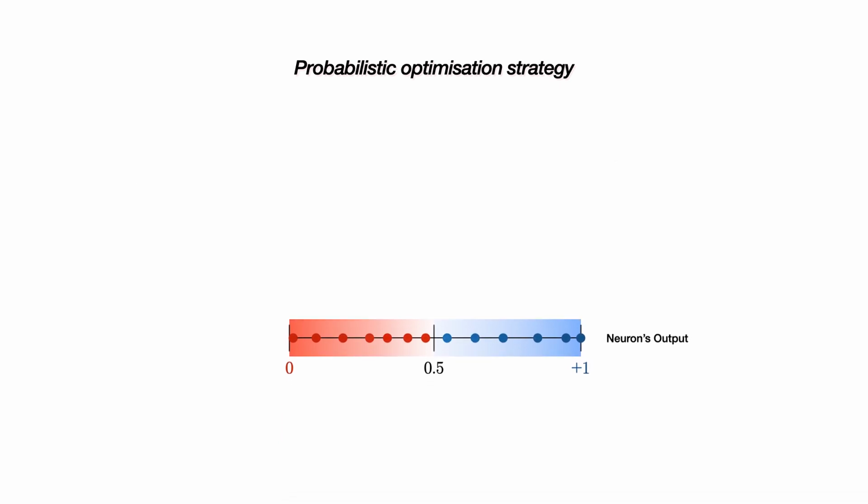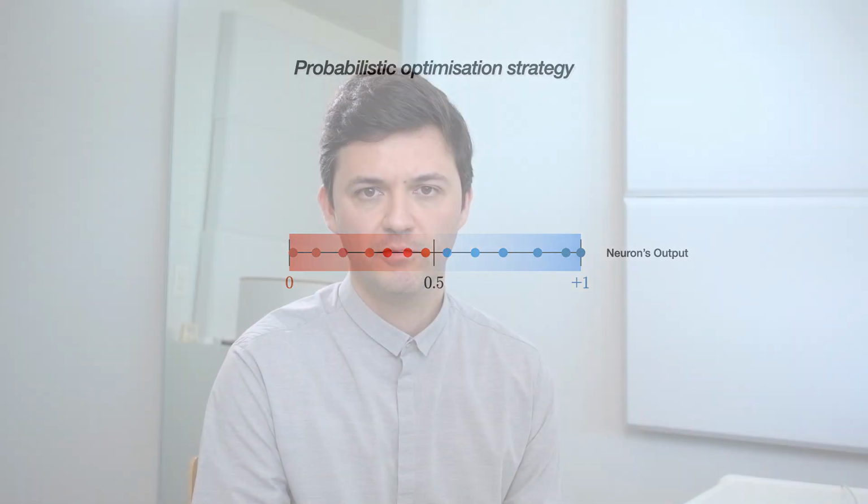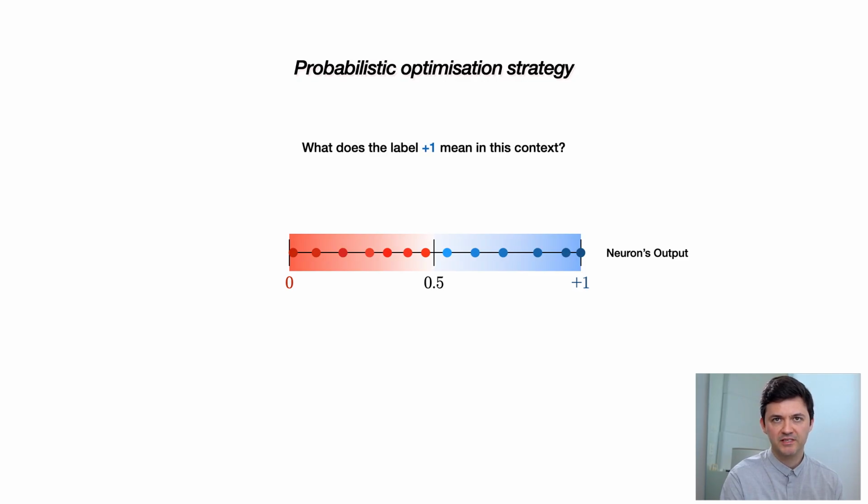And now you might be wondering, why do I call this a probabilistic optimization strategy? Well, this has to do with this range from 0 to 1, and how we can give meaning to our points according to the range that they take. What would the label +1 mean in this context? Well, the label +1 would mean that the probability that the point is blue is equal to 1, or 100%.